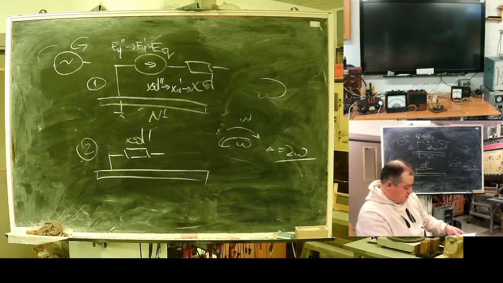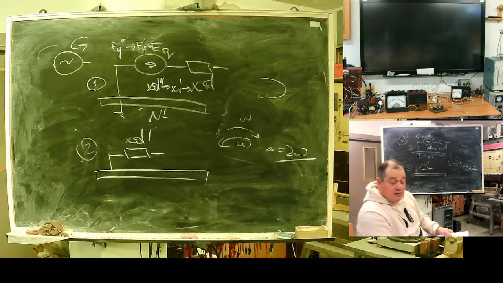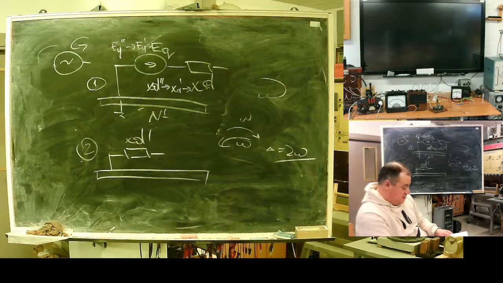Very approximately, I can tell you. For machines under 100 megawatts, the super transient EMF will be plus 8%.